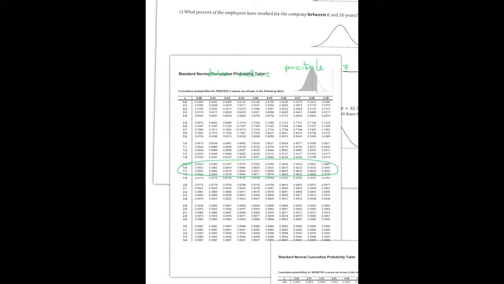And if you go over into the actual data values, we have 1.64 at 0.9495 and 1.65 at 0.9505. Both of those are 0.0005 away from 0.95. So our z-score is going to be directly in the middle of those, directly in between 1.64 and 1.65, which would be 1.645. So that's the z-score we're going to need to use when we plug it into our formula.